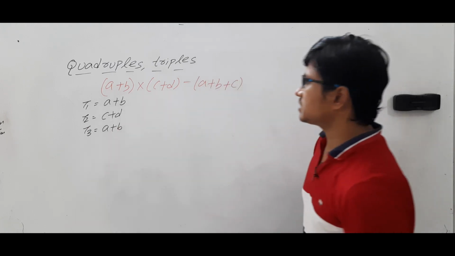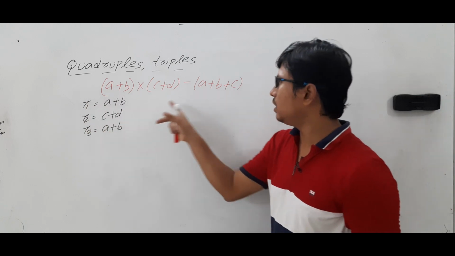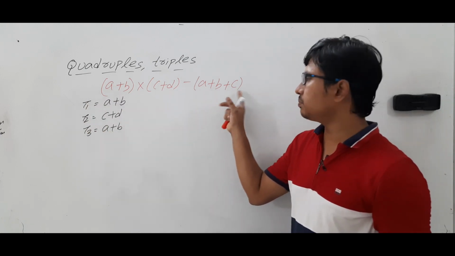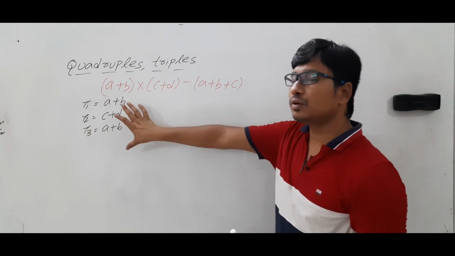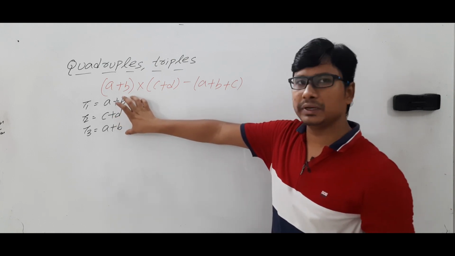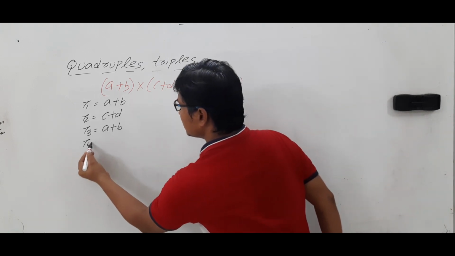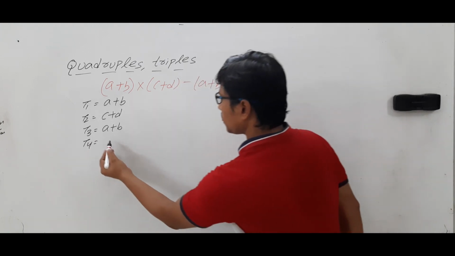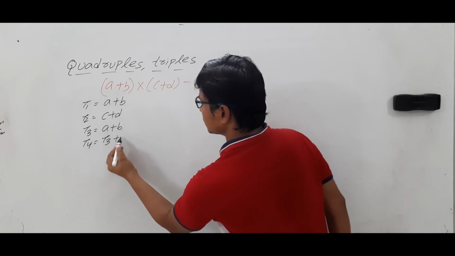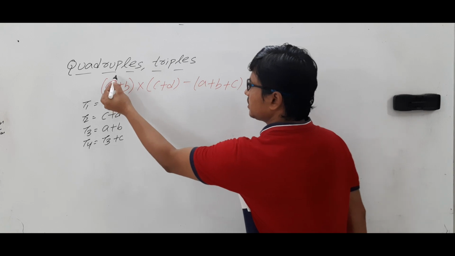Now you can ask me, sir, a plus b value is already there in t1, so why can't you directly write t1 plus c? That we will not do in the 3 address code generation. We will do this optimization in the code optimization phase. So t4 is equal to t3 plus c.